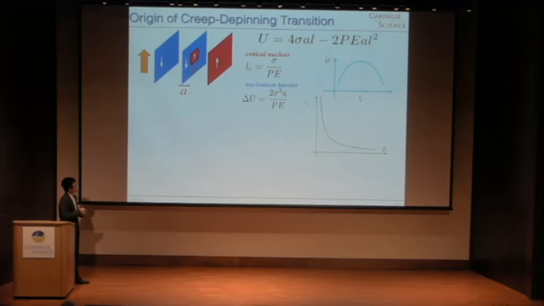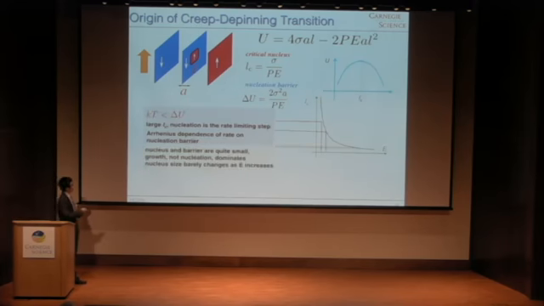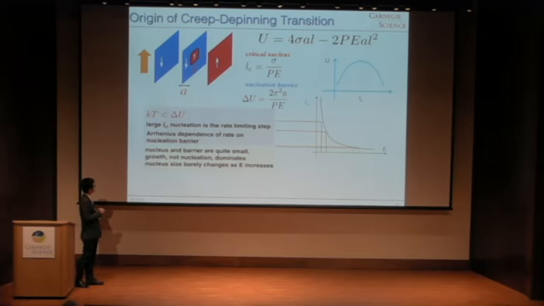And we can see that the size of the nucleus decays under higher electric field, and the nucleation barrier also decays as we increase the electric field. So in the low field region, the nucleation barrier is much larger than thermal fluctuation, and therefore Arrhenius dependence of rate on nucleation barrier is expected.